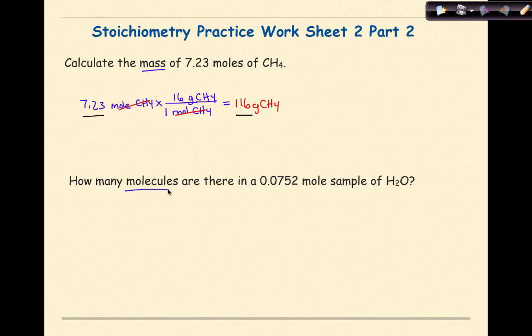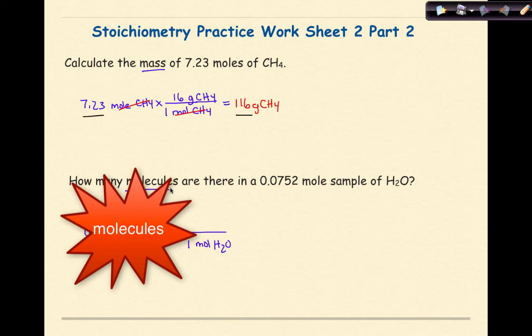How many molecules are there in a 0.0725 mole sample of water? Let's start out by writing our given. 0.0752 moles of water. Now all they're asking here is for molecules. Notice that there's no mention of mass. So if I start with moles, multiplication sign and a line, 1 mole of water.